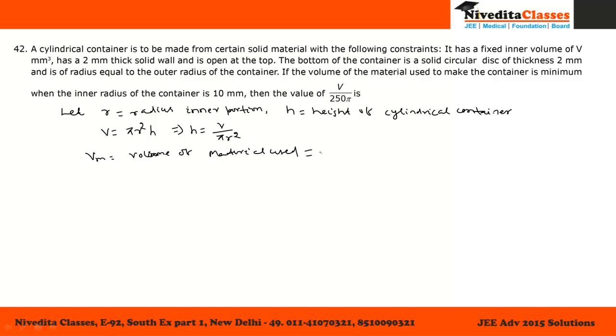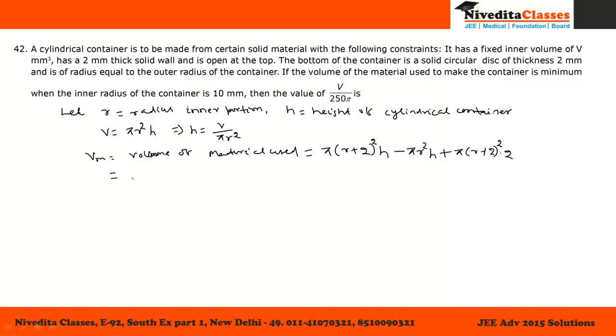The curved surface volume is pi into r plus 2 whole square into h minus pi r square h, plus the bottom volume is pi into r plus 2 whole square into 2.